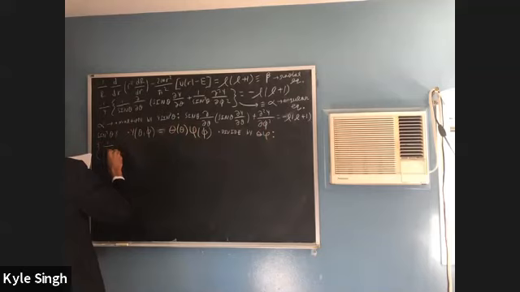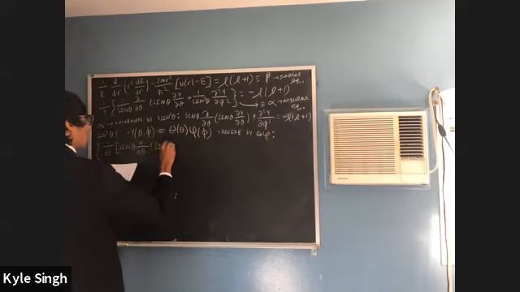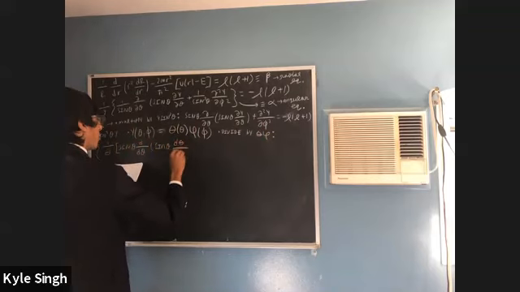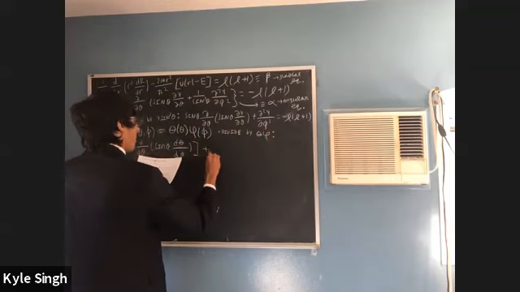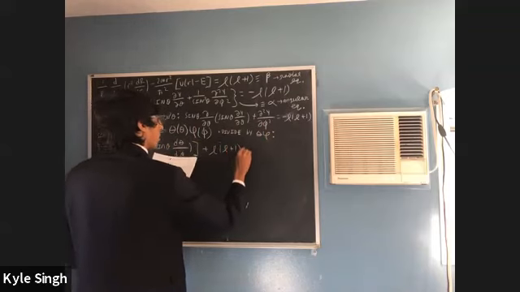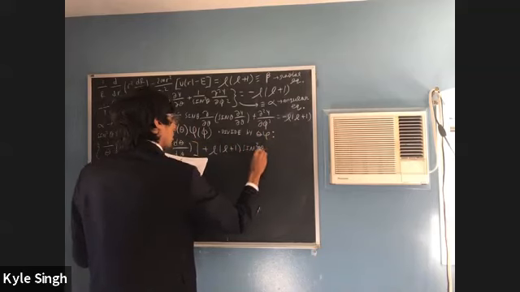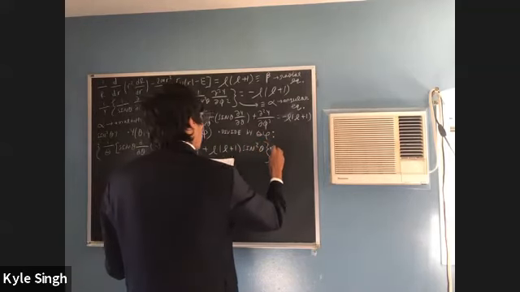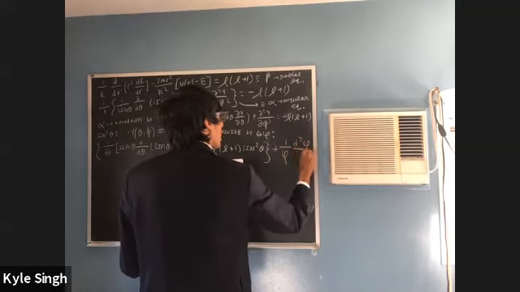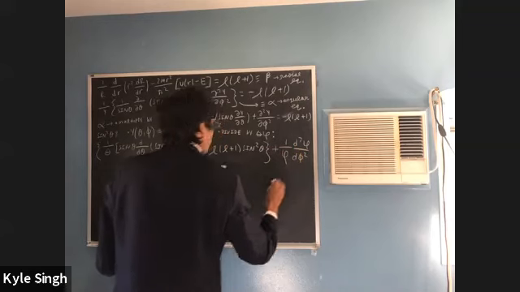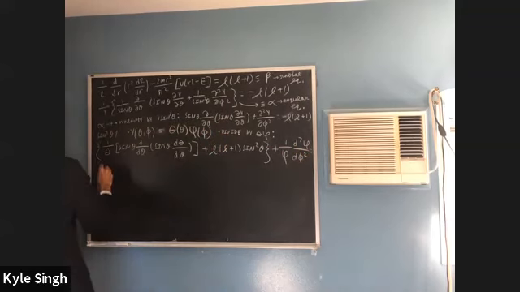This is why I use notes today, because it would be too many things to calculate and not enough time. 1 over Theta sine theta d/d theta of sine theta dTheta/d theta, now just total derivatives because we've finished our separation, plus 1 over Phi d squared Phi over d phi squared equals 0.